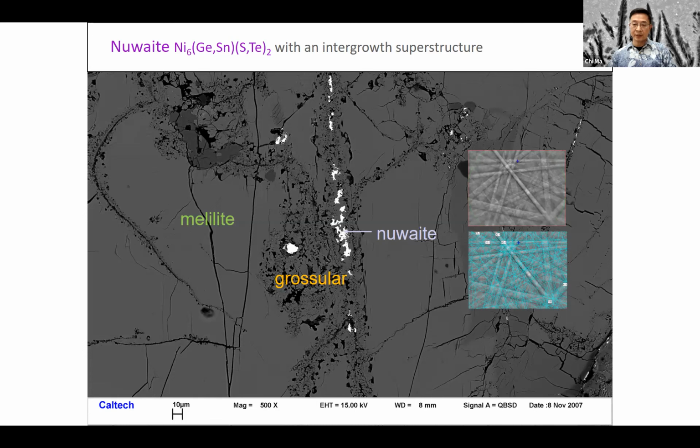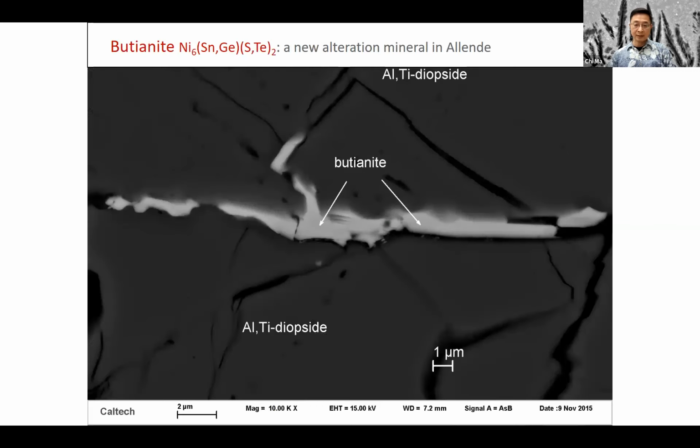Nuaite has a very special integral superstructure in tetragonal symmetry. So here's a general formula for nuaite. Butianite has this general formula. It occurs within a fracture inside aluminum titanium dioxide.